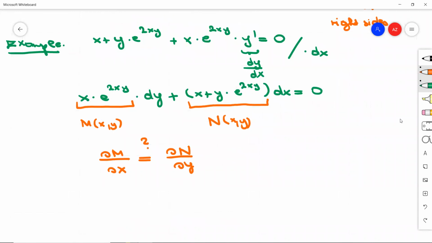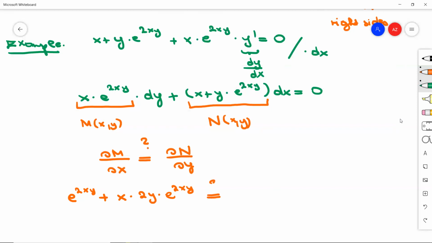And what is the derivative of N with respect to x? By the product rule, it's the derivative of x, which is 1, times e^(2xy), plus x times the derivative of e^(2xy), which is 2y e^(2xy).